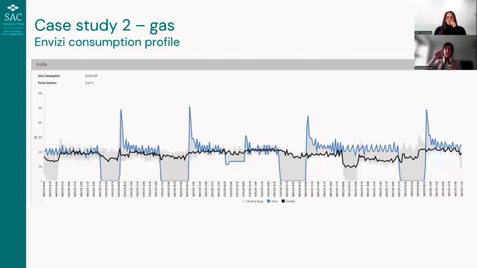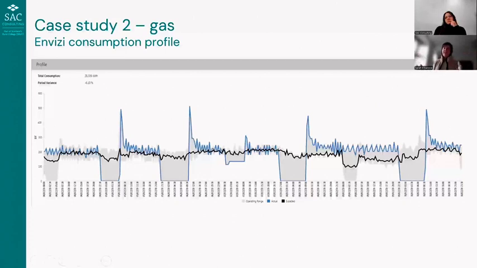That's the black line that runs behind the blue line across the graph, and that's based on the historic data that was recorded for this plant room. So again, that confirms that this plant room probably hasn't switched off for quite a while, it's just been running constantly, and Envisi now expects it to run constantly.